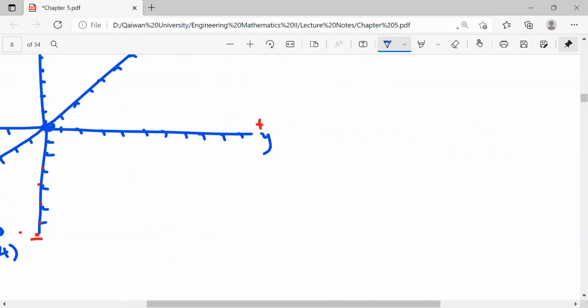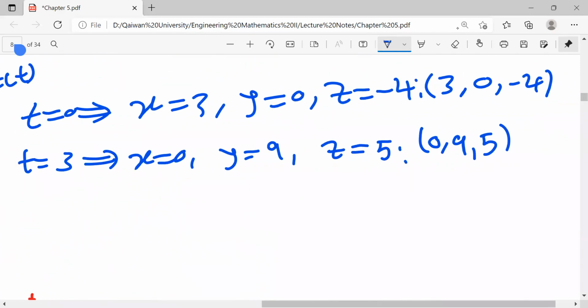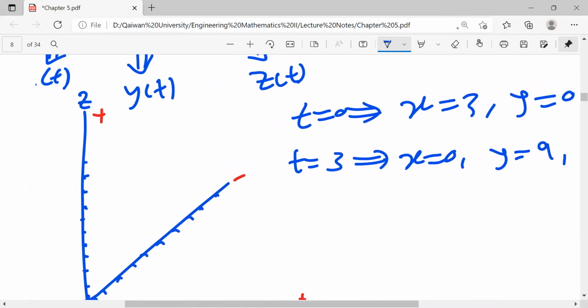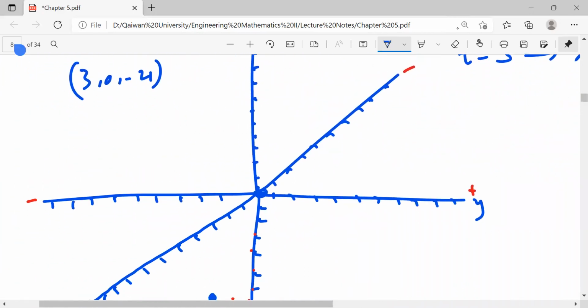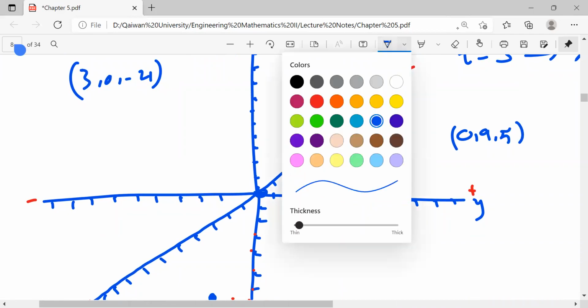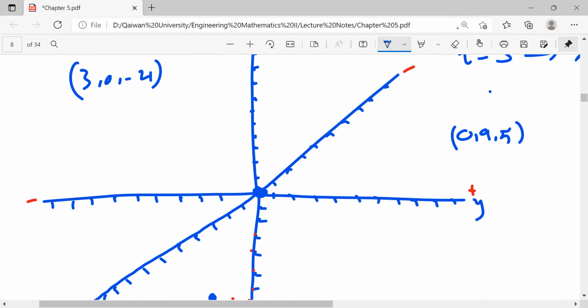Then we plot the other point. The other point is 0, 9, and 5. For x, we don't move. So we are still here. Then for y, we move 9 units to the right, in the direction of the positive y-axis. 1, 2, 3, 4, 5, 6, 7, 8, 9, here.